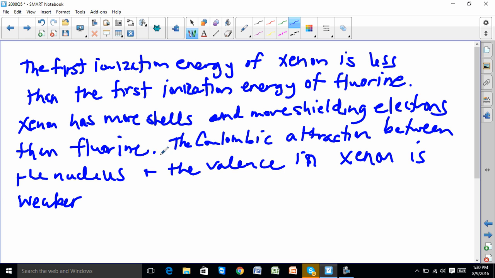The force of the Coulombic attraction between the nucleus and the valence electrons is weaker than in fluorine.